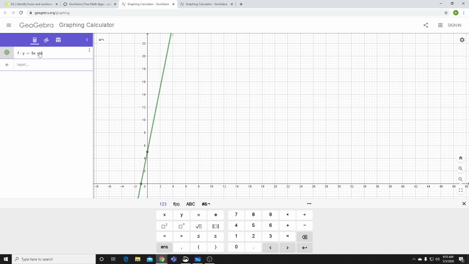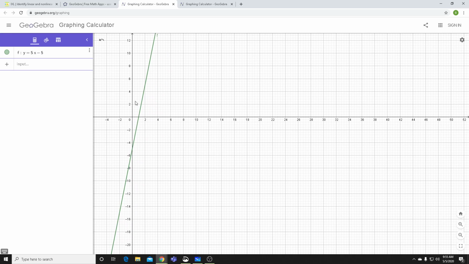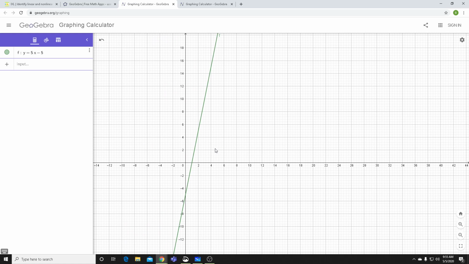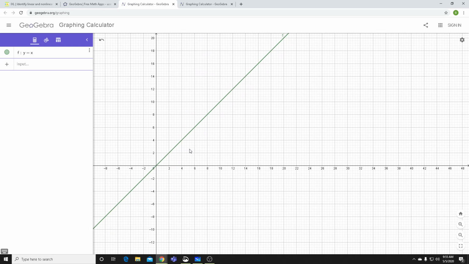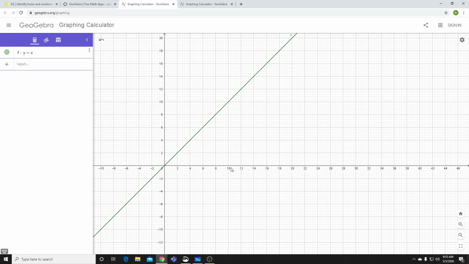Or if I did minus 5, every point shifts downwards by 5. Okay, or if you just said y is equal to x. So proportional relationship. Your constant of proportionality would be 1.